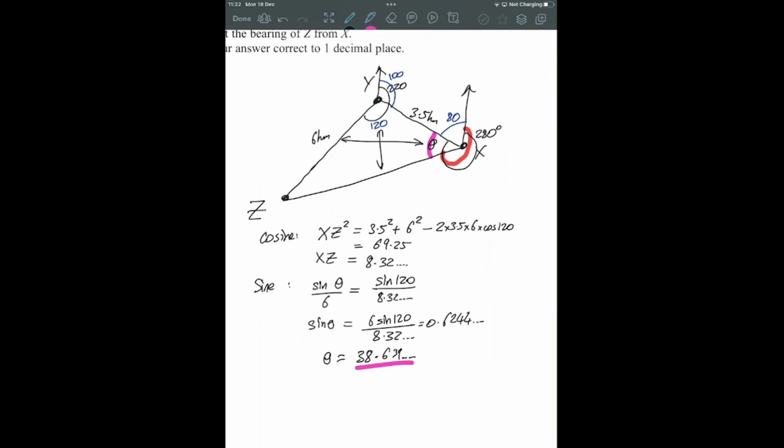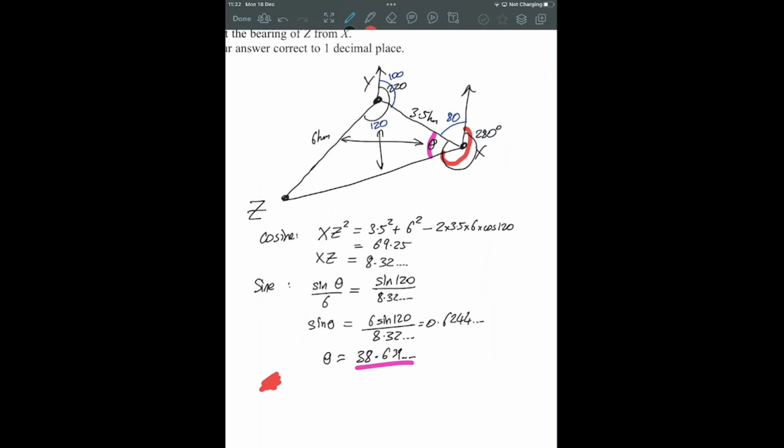Now we didn't want the pink angle, we wanted the red angle, which would be the bearing. So looking back at my picture, 280 was the entire way round.